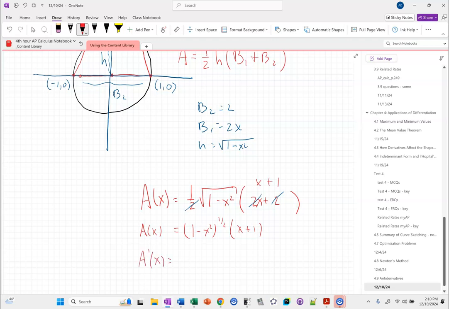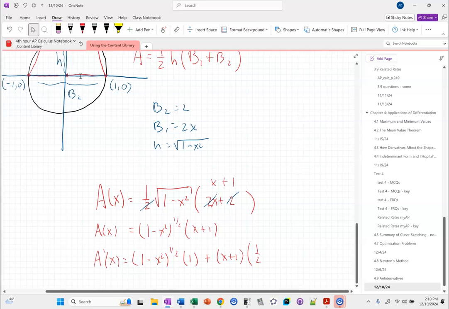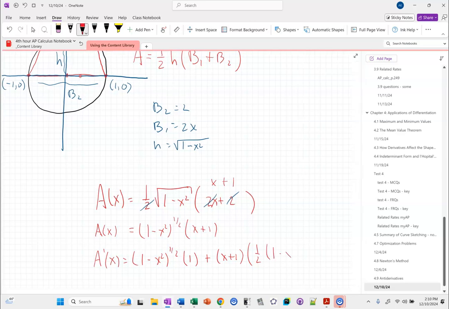If I do the derivative, that's going to be a product rule. And then the derivative of the 1 minus x squared to the 1/2 is a chain rule.